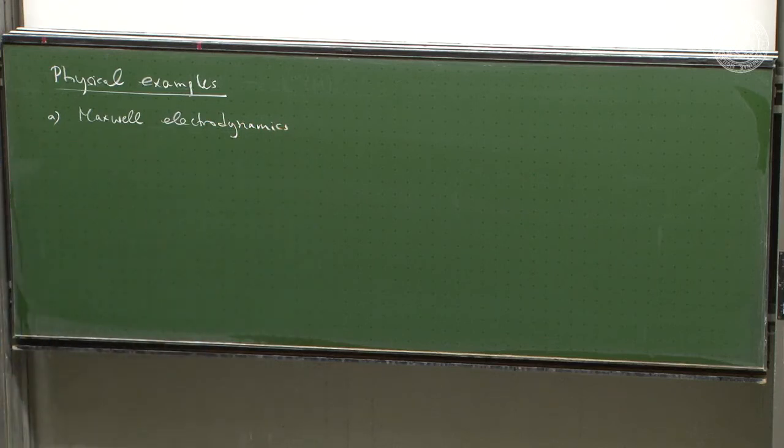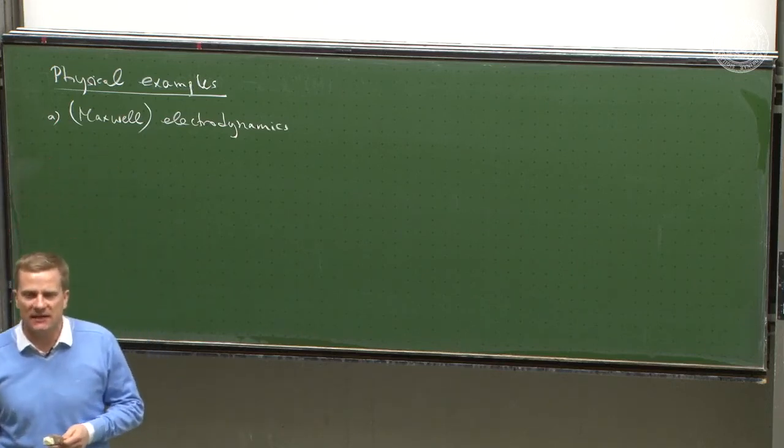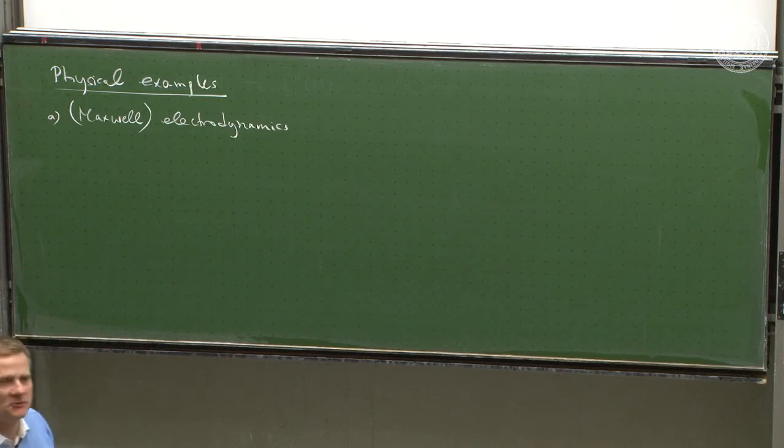But actually, I shouldn't say Maxwell electrodynamics, I should say any electrodynamics. So what is Maxwell electrodynamics? If you go to books like Jackson, they say Maxwell electrodynamics is the Maxwell equations. They give you 4 equations and that's it. Well, the question is, are there other electrodynamics? And if there are, which of the equations can you change without leaving the domain of electrodynamics?